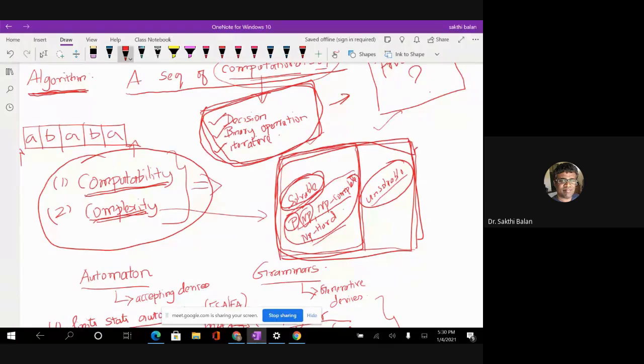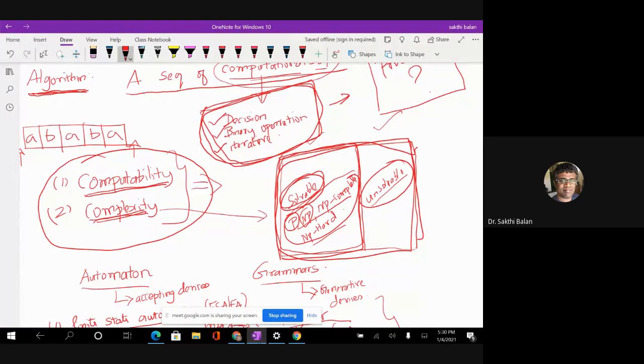If the problem is in the P class, we say it is efficiently solvable. If it is in NP, we say it is solvable, but it takes exponential time. We will go into much more detail later in this course.